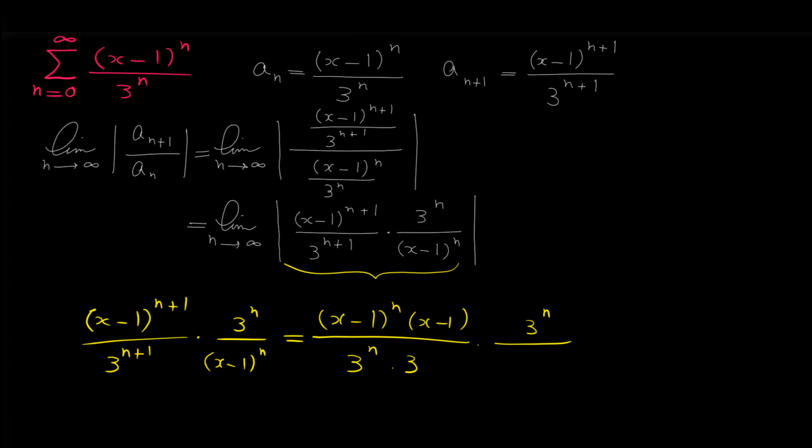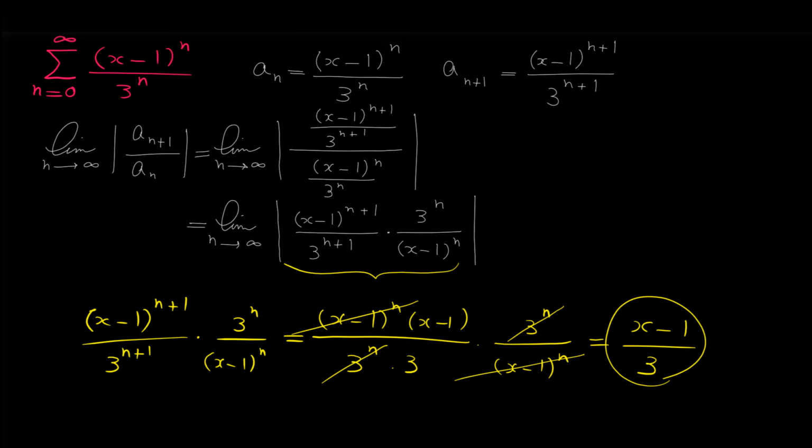And the second fraction is 3 to the n over (x minus 1) to the n. Now if you look at the numerator and denominators, we can cancel this 3 to the n with the 3 to the n, and (x minus 1) to the n in the denominator cancels with this (x minus 1) to the n in the numerator. What remains is (x minus 1) over 3. So the expression in the absolute value is actually (x minus 1) over 3.